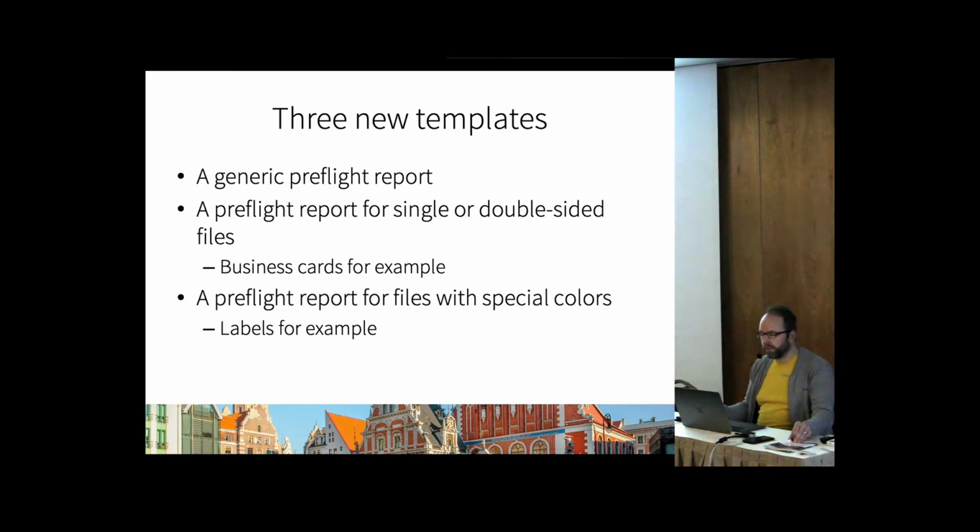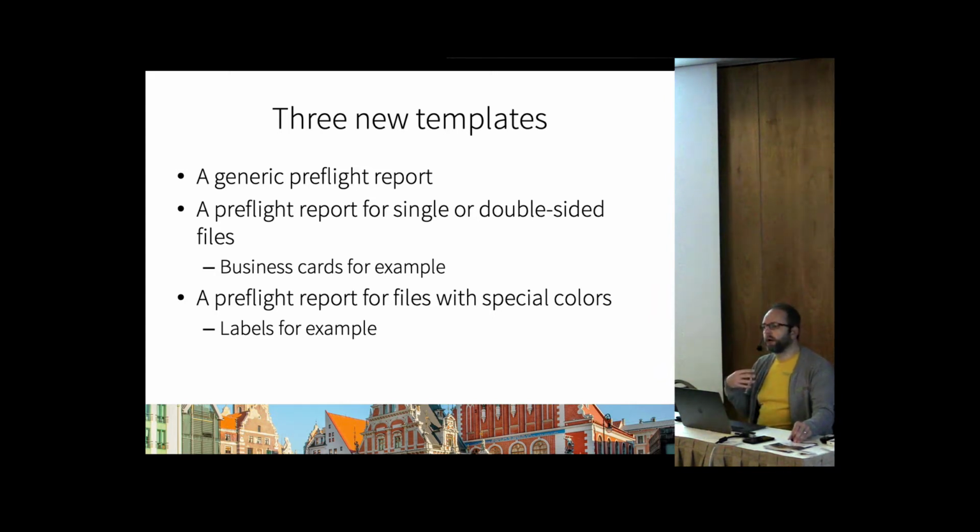So we've created that. And then the other example that we've created so far is, in many workflows, you have special colors you want to show to the client as well. A good example is labels or stickers, where, for example, you have a cut path that you want to show separately, or you have under color white, or you have a varnish.